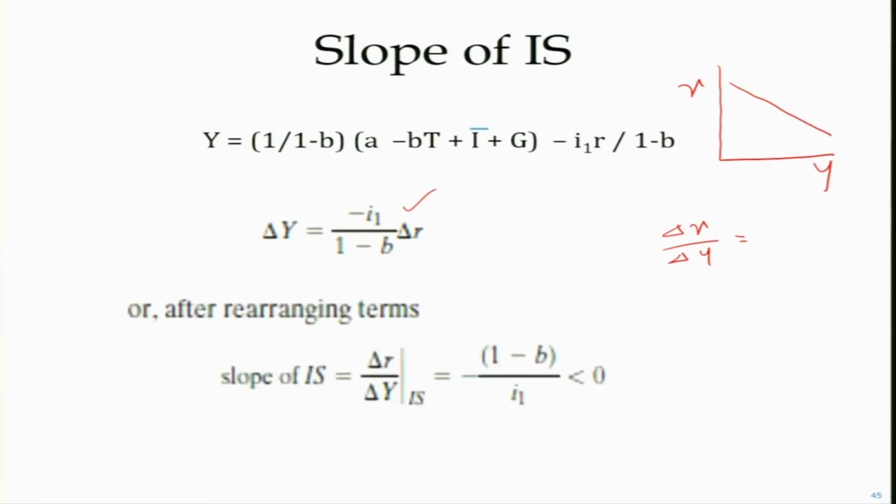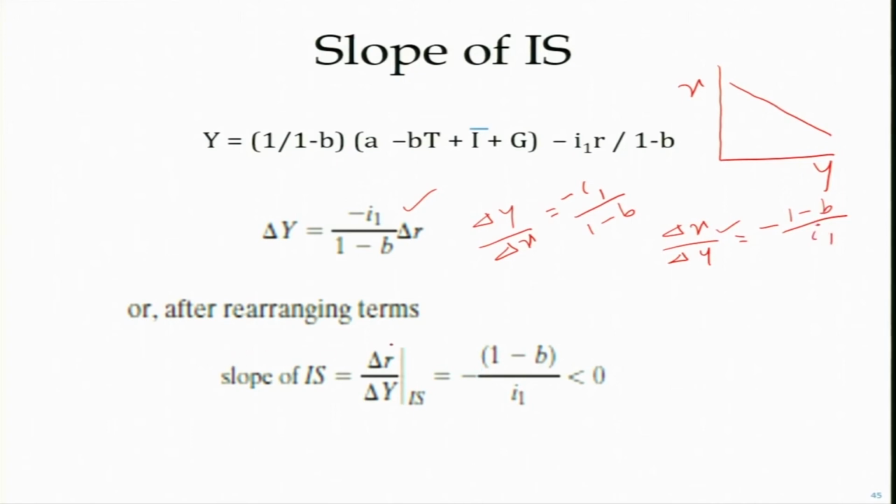So instead of del r over del y, here del y divided by del r, we are getting minus I1 divided by 1 minus b. But the slope is del r divided by del y, so we get the inverse: 1 minus b divided by I1.